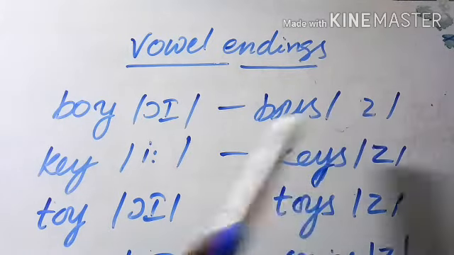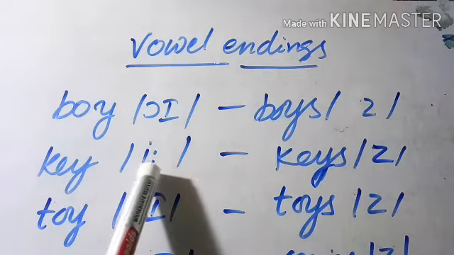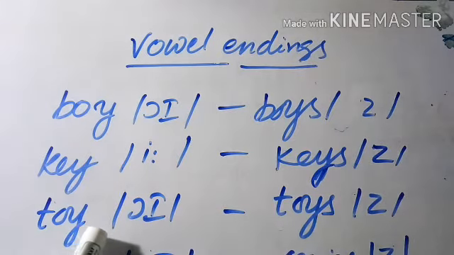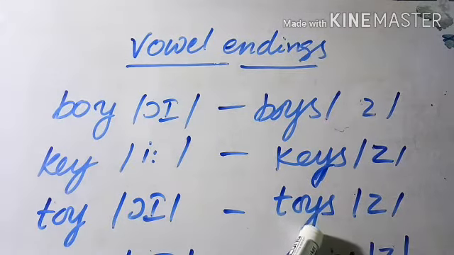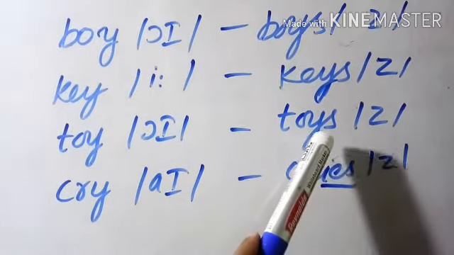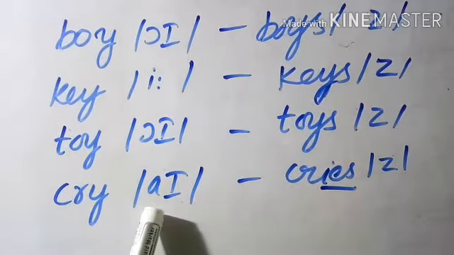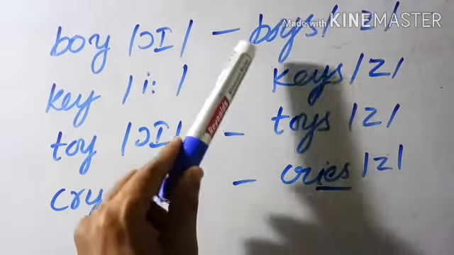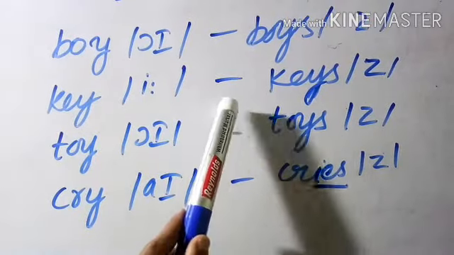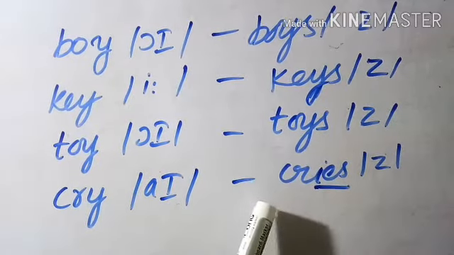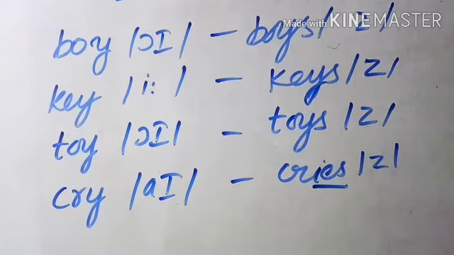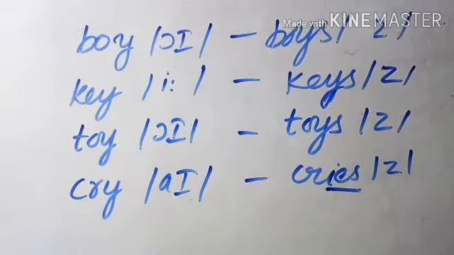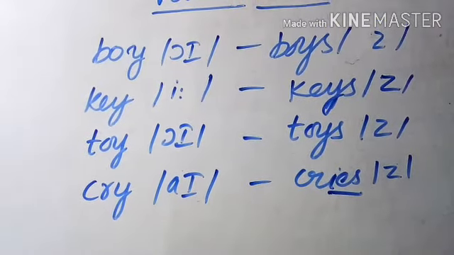S becomes z. Key, this is a vowel, keys, not s. Toy, toys. Next, cry, cries. Boys, keys, toys, and cries. So all the words which have vowels at the ending and take the plural suffixes also become z, but not s.